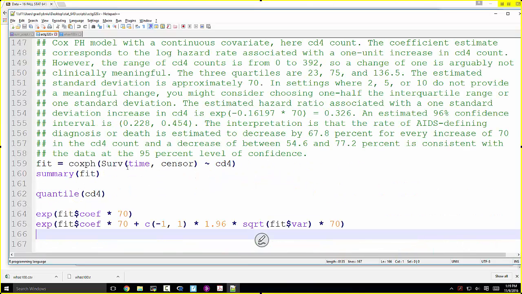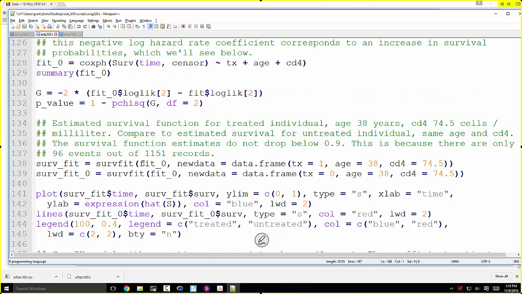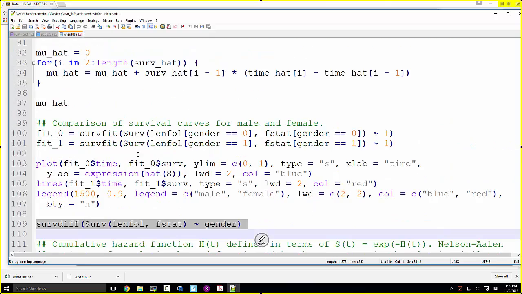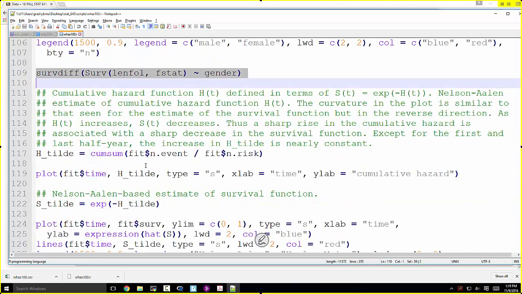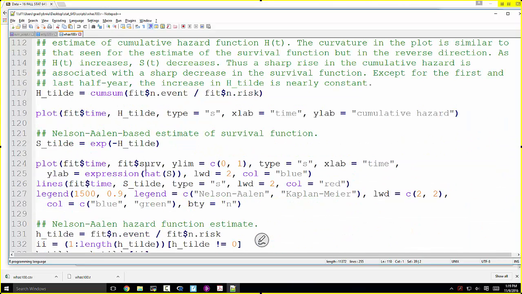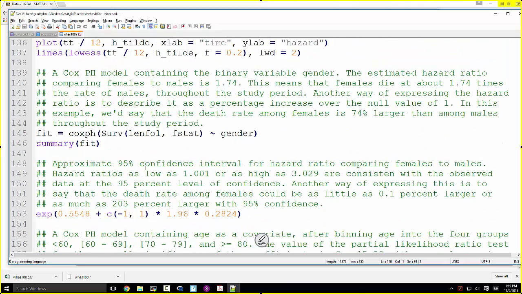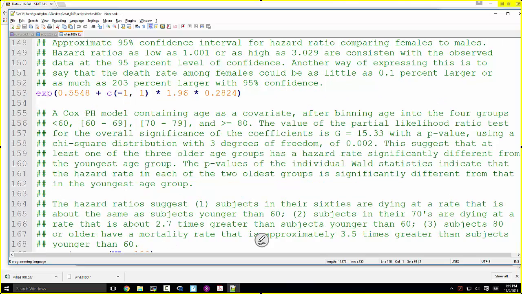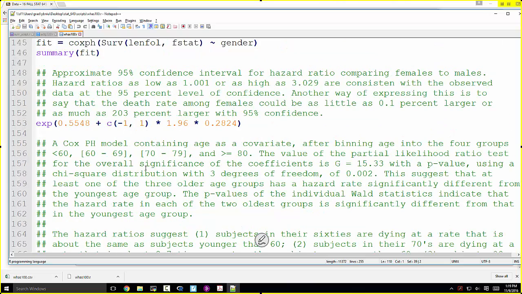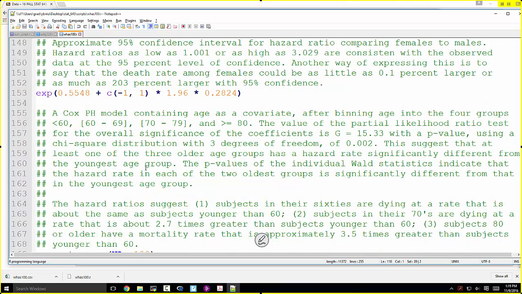We had survival curve like this, survfit on a fitted object. I think that's the easiest way to get an estimated survival curve. This is really just illustration of what is going on behind the scenes that I've shown in previous semesters, but I'm not sure we need to go through it.